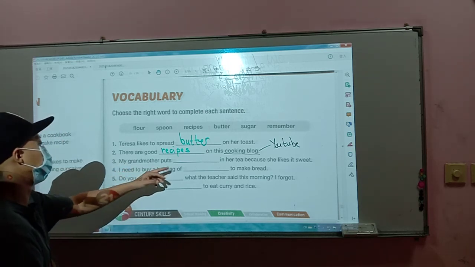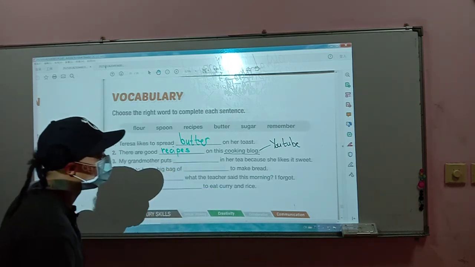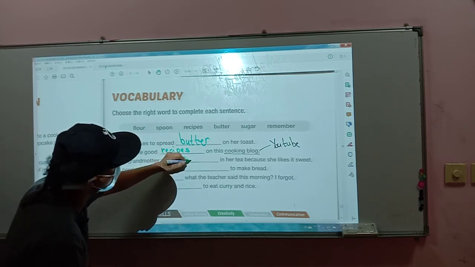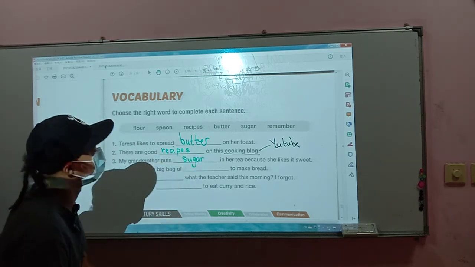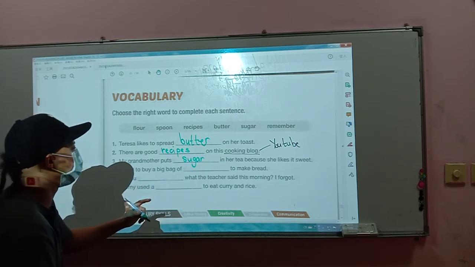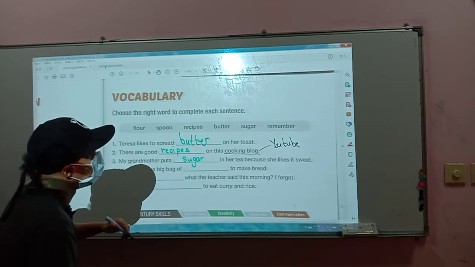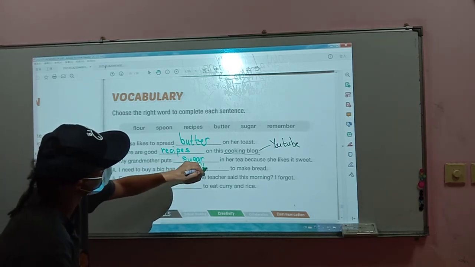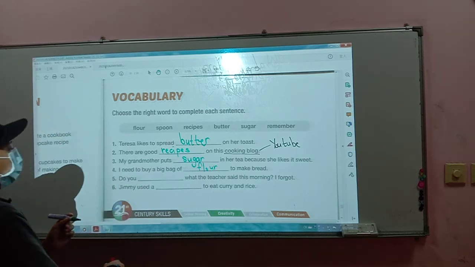Number 3. My grandmother puts something in her tea because she likes it sweet. Right? Easy one. Put sugar in tea. 4. I need to buy a big bag of to make bread. So what do I use to make bread? Flour. Number 5.